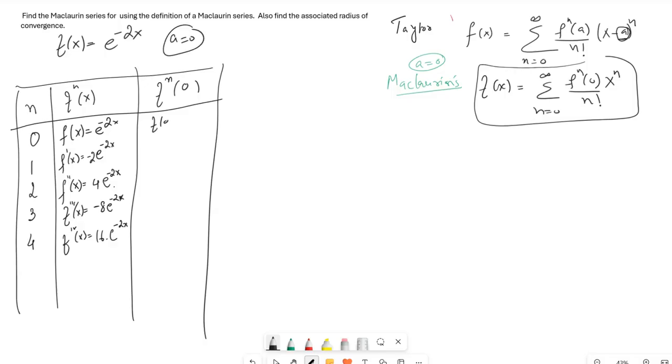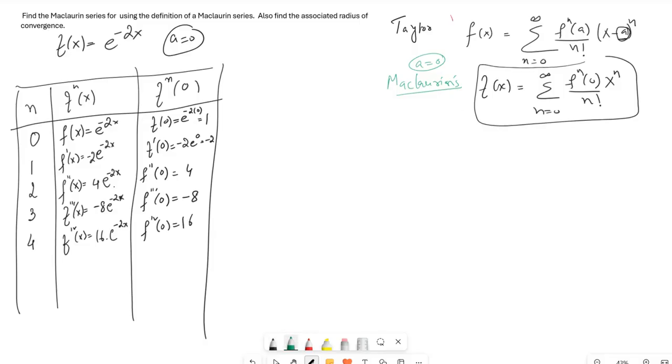So f(0) is e to the power negative 2 times 0, which is e to the power 0, which is 1. f prime of 0 is negative 2 times e to the power 0, so negative 2. Similarly, e to the power 0 is always 1, so the second derivative at 0 is 4, the third derivative at 0 is negative 8, and the fourth derivative at 0 is 16.